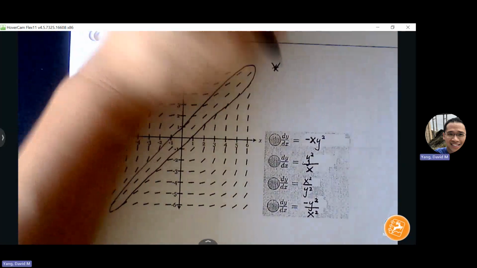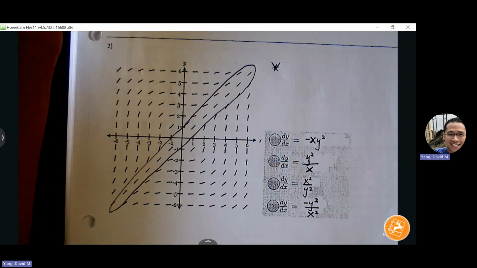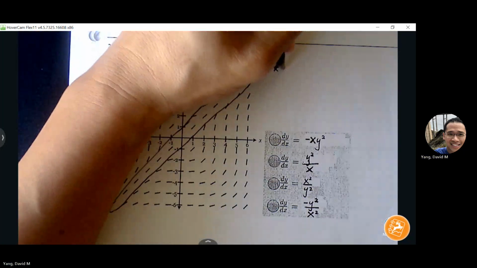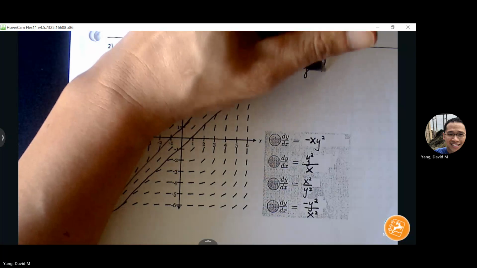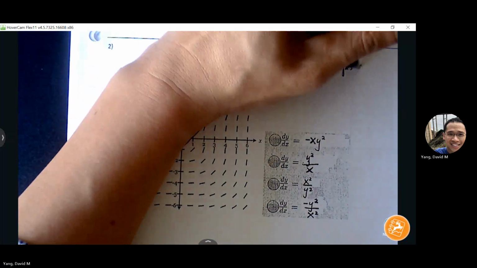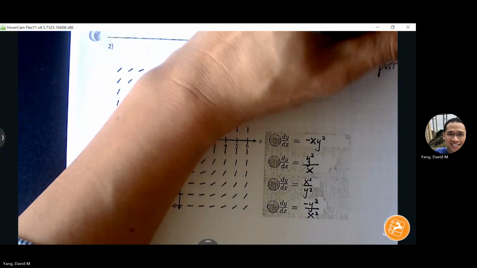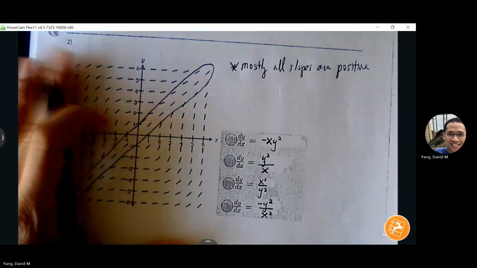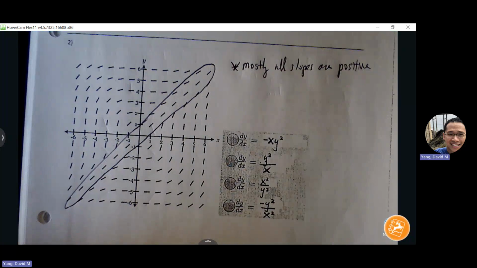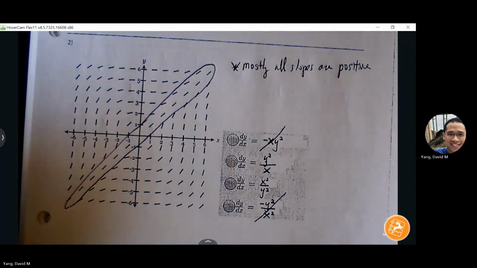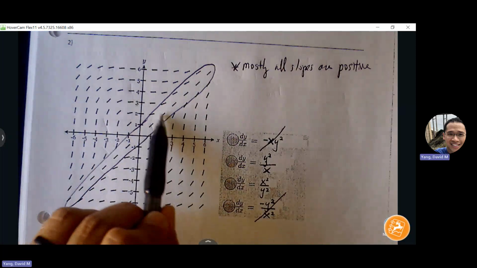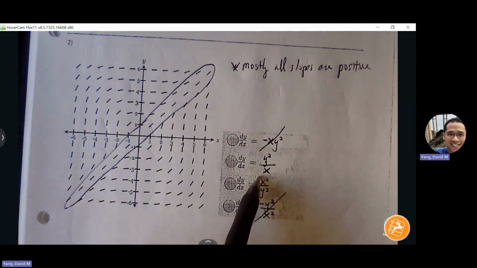So that means we can eliminate all the ones that show negative. Right, no negative slopes. This one's out, this one's out. So when x and y are the same value, I'm getting a slope of 1, so it looks like this is the best fit, right?